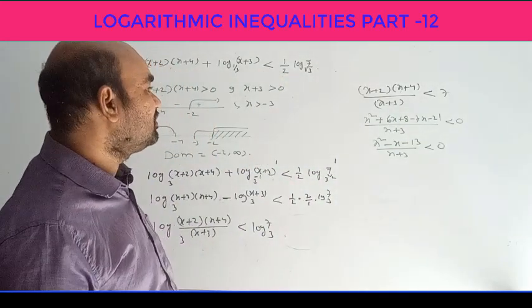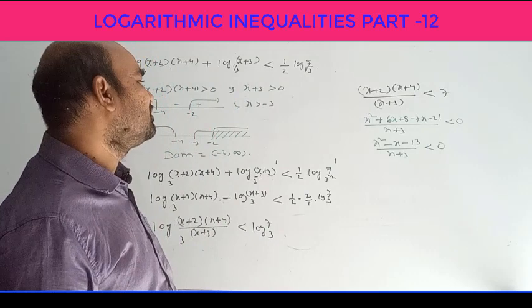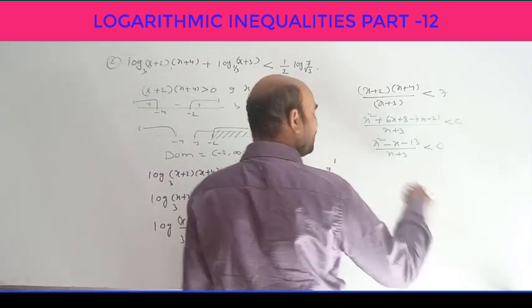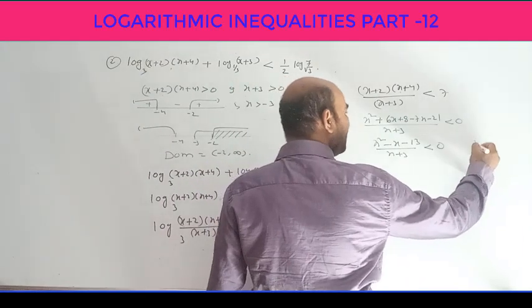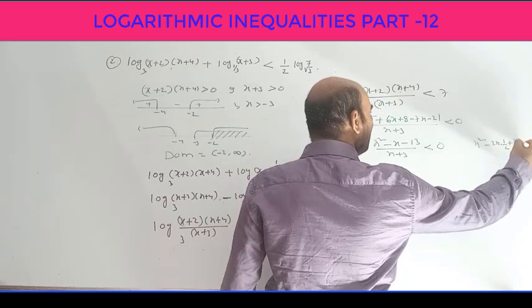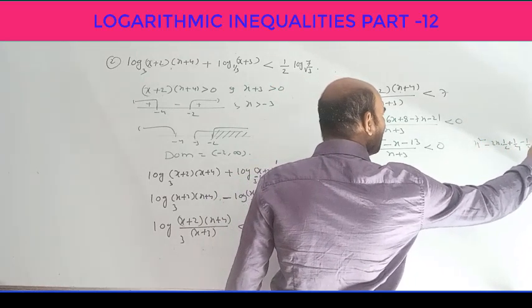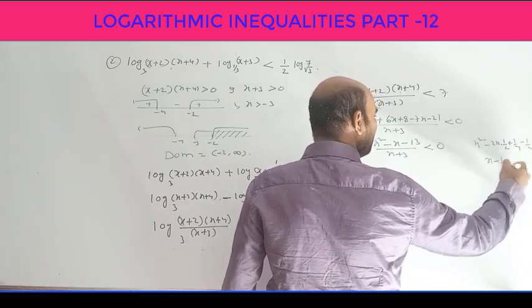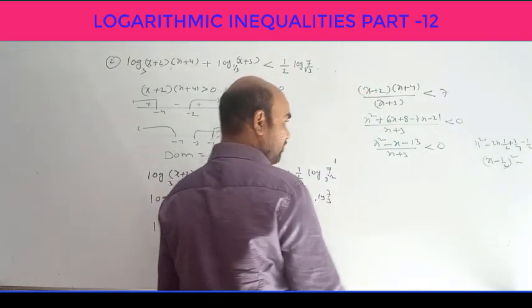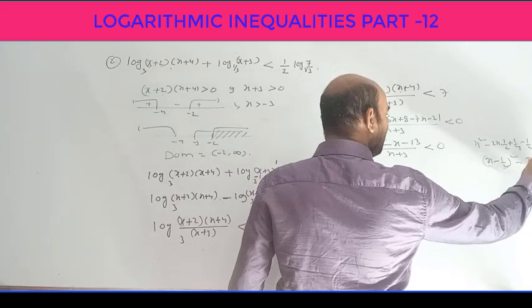Observe, 13, correct. Now you want to find its factors. Factors are not possible, so I want to use the perfect square method. Rough work here: x square minus 2x into 1 by 2 plus 1 by 4 minus 1 by 4 minus 13. That is x minus 1 by 2 whole square minus 53 by 4.